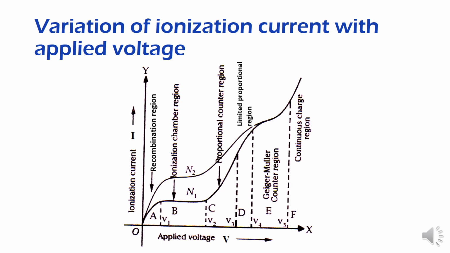That is not because of the radiation, but because of a very high potential difference between anode and cathode. So this is the complete discussion about the variation of ionization current with applied voltage.